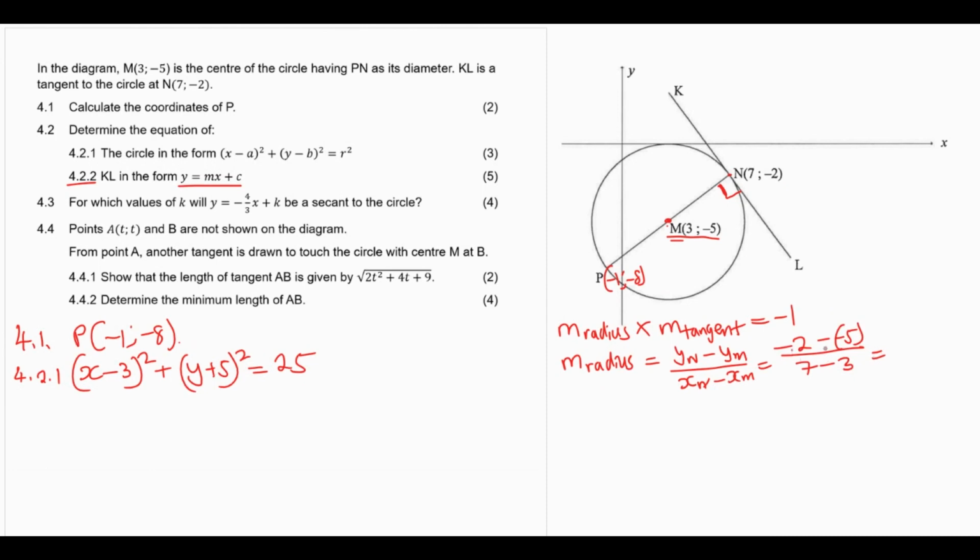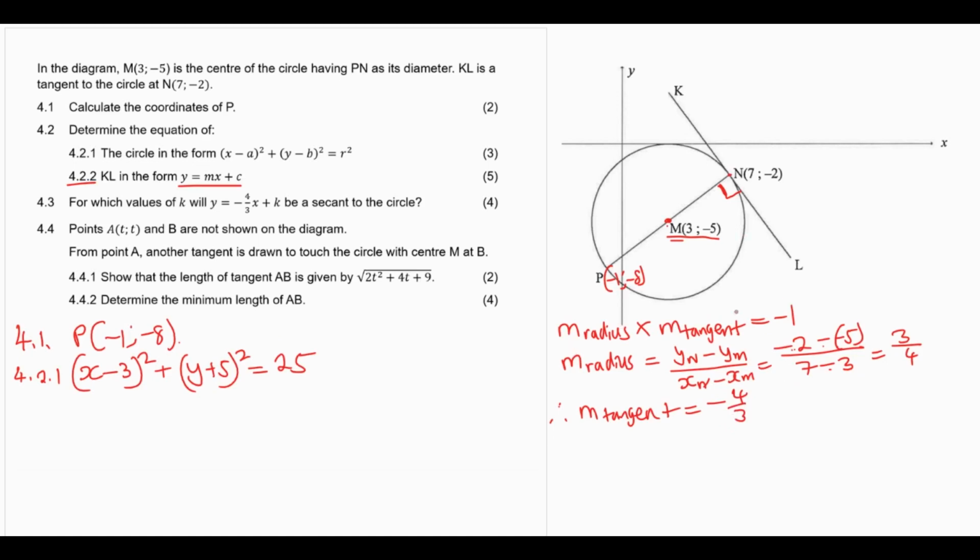Then -2 minus -5 is like -2 plus 5, which is 3. And then 7 minus 3, that is 4. Then the gradient of the radius is 3 over 4. Meaning that the gradient of the tangent is -4 over 3.